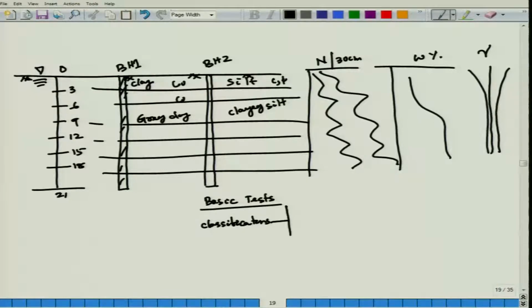Basically in classifications you have to find out bulk density, natural moisture content, generally written W or omega, Atterberg's limits, limit, then grain size distribution.